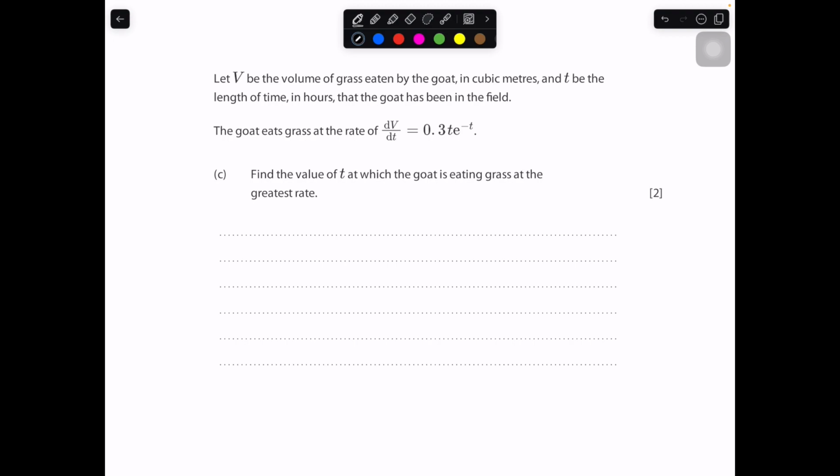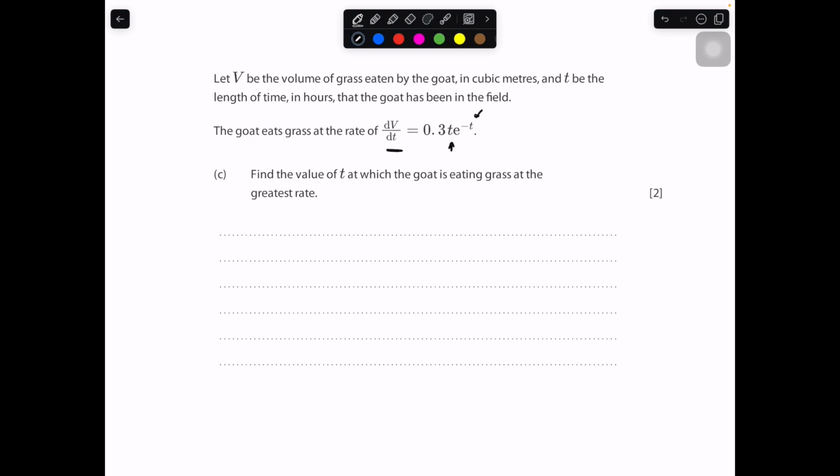So this function represents the rate at which the goat is eating grass. And we want to find the value of T at which the goat is eating grass at the greatest rate. Wow. That's interesting. This is almost like a higher level question. Jeez. Okay.